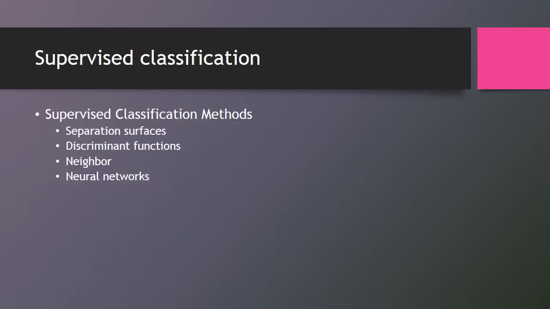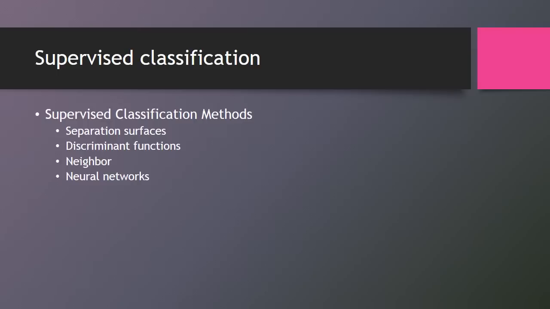Discriminant functions: if there are two classes, we seek to obtain a function g such that for a new object x, if g(x) is bigger than 0, it is assigned to class 1, and otherwise to class 2. If there are multiple classes, a set of functions g_i is used and the new object is placed in the class where the function takes the greater value.